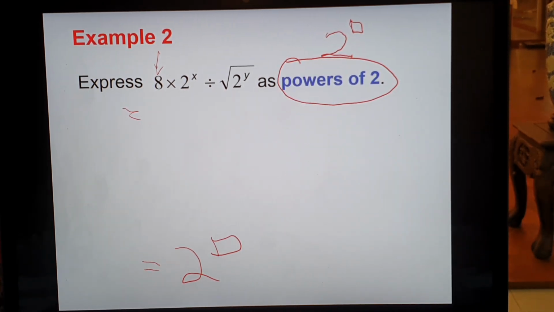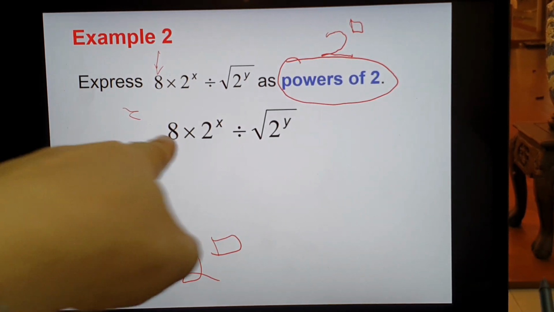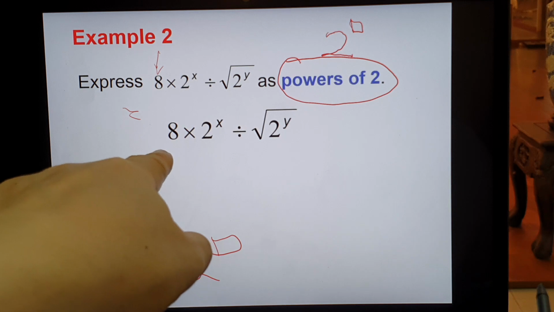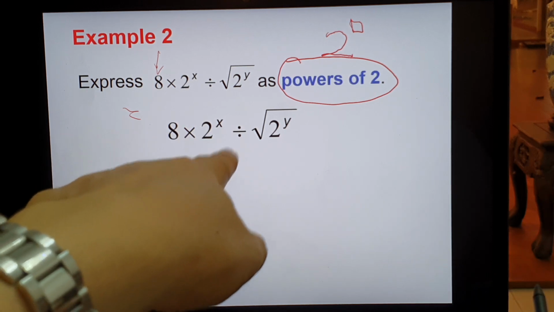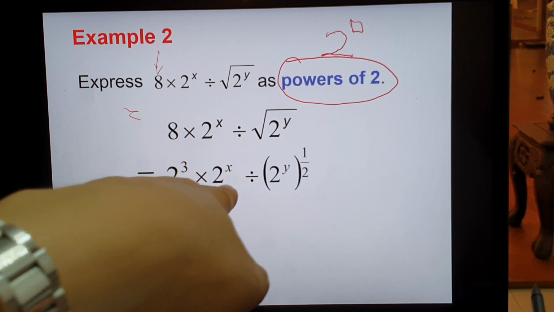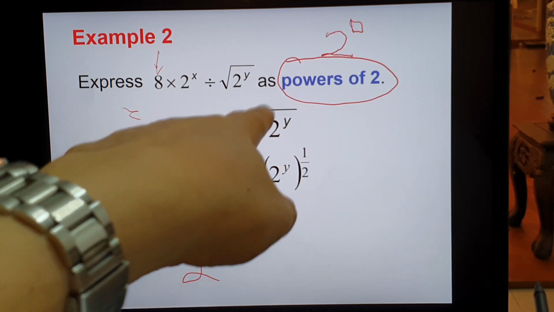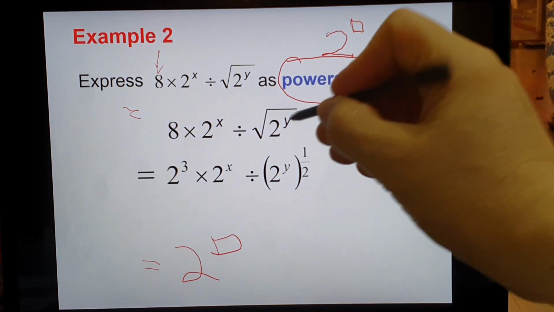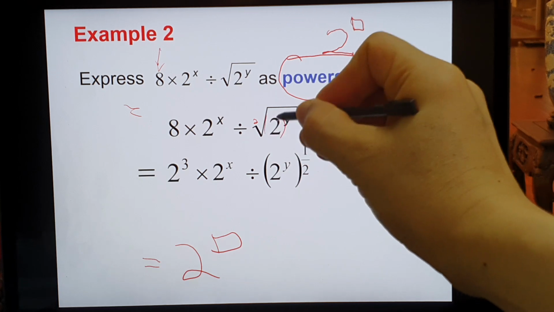Okay, let's continue. So what I need to do is, of course, I must do something to this 8. It's 2 to the power 3 for this. Then this remains the same. Now, when I have division here, I later will have to remember that I have to minus the power, okay? And this root here means actually there's a 2 here, and actually there's a 1 here.